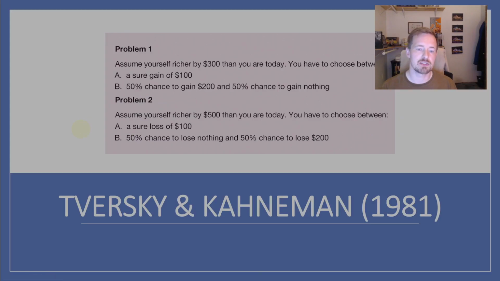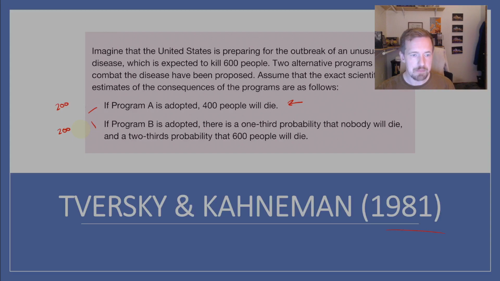If we change this up a little bit, you can see how this might change the way that we think of things. So this is one example. And also I should say, the other way to think about this is we could have phrased this as if program A is adopted, 200 people will live, right?